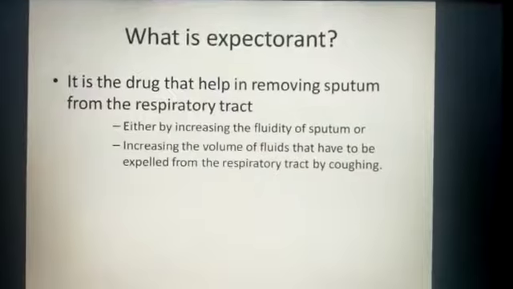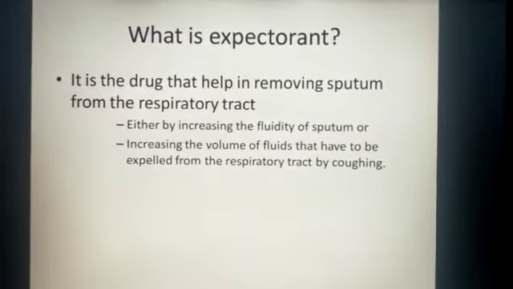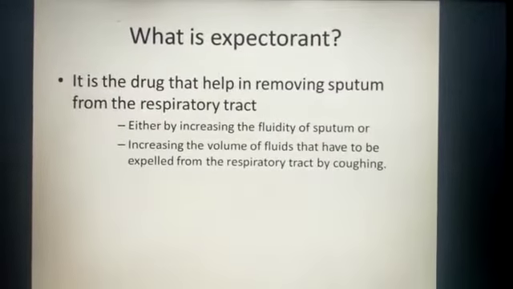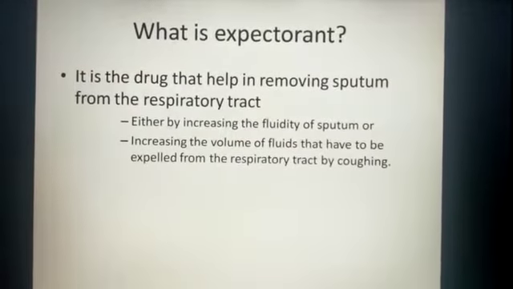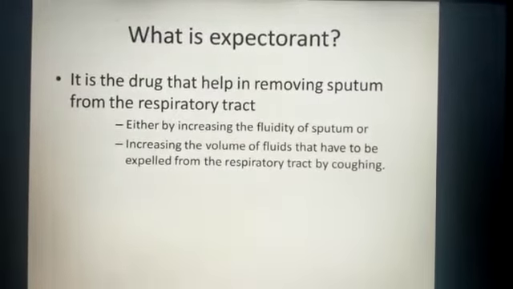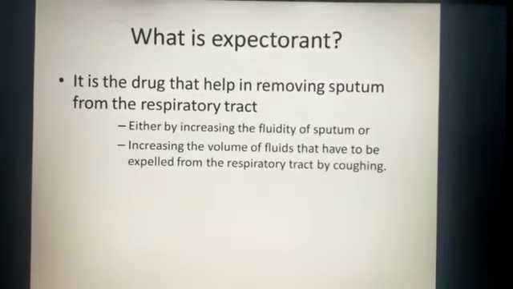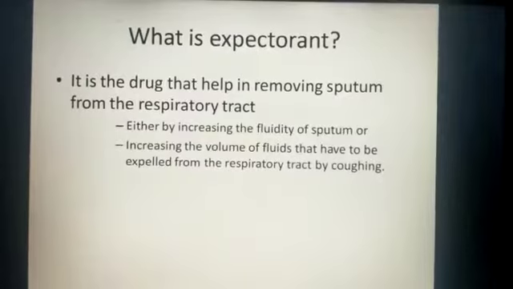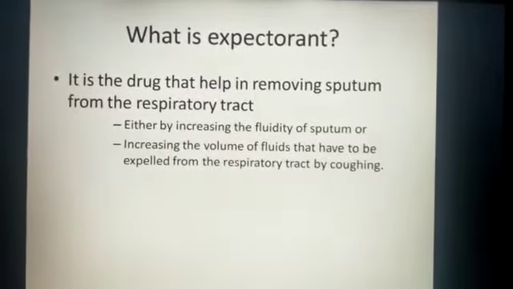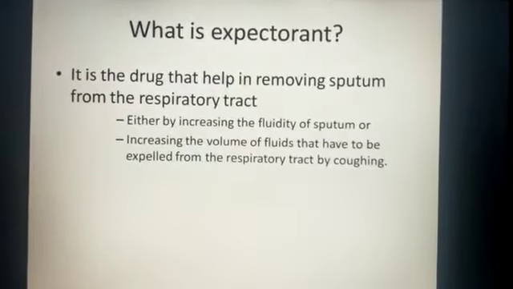What is an expectorant? An expectorant is a drug that helps in removing sputum from the respiratory tract, either by increasing the fluidity of sputum or increasing the volume of fluid that has to be expelled from the respiratory tract by coughing.